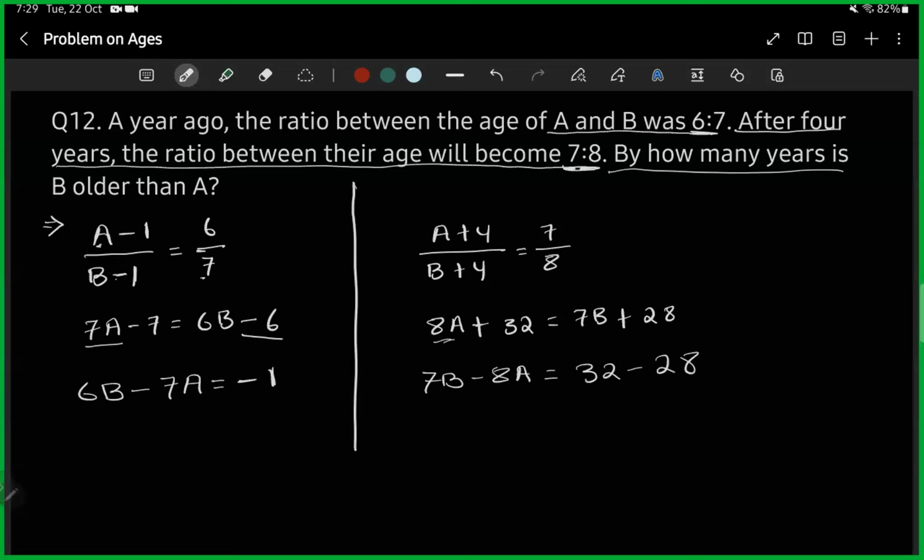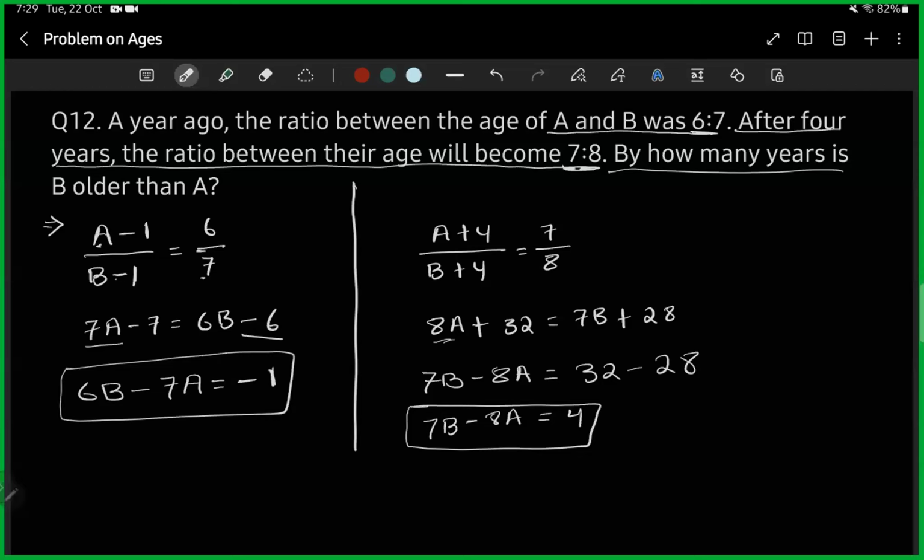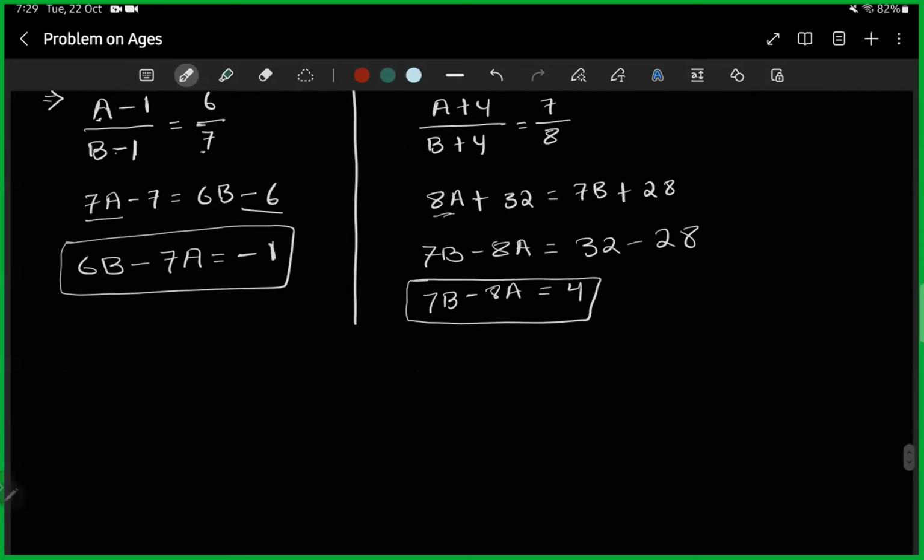So what we will get here is 7B minus 8A, that gives you 4. So you take this as one equation, then this as another equation. So we cannot proceed further after this since we don't have any other number to solve this with.